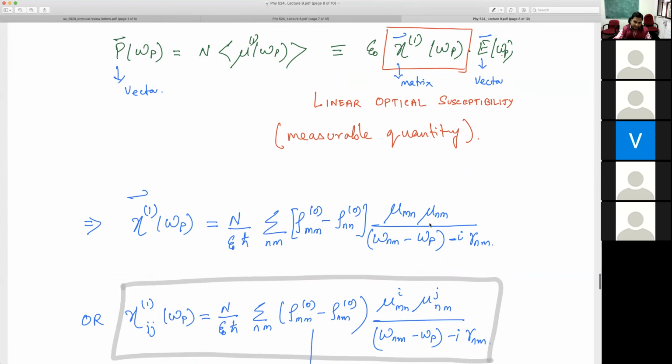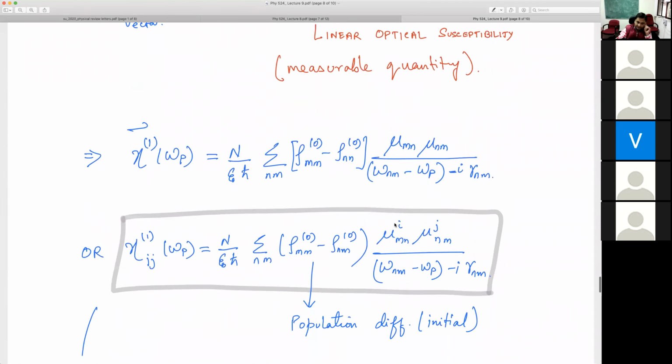Remember that here mu is a vector, and m and n are the optical level indices. So mu has three components, and depending on which component of this and which component of this I am looking at, I can write down the chi ij coefficients, which are exactly the same equation as above, except that this is now mu mn, the ith component of the electronic dipole moment, basically r i sandwiched between the m and n states.